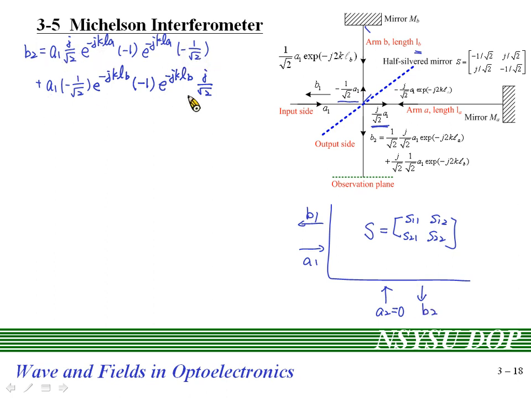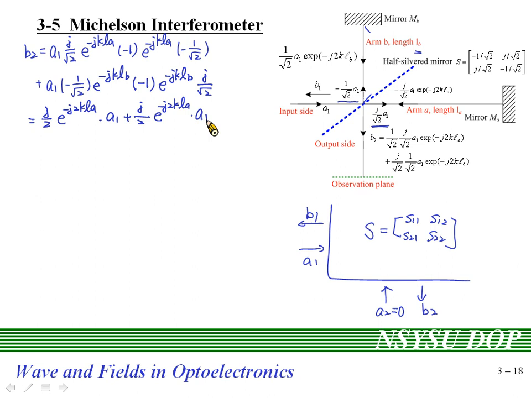Okay, so after some arrangement, you can see that these two components can be written as j over 2 times exponential minus j2kLA times A1, plus j over 2 exponential minus j2kLB times A1.